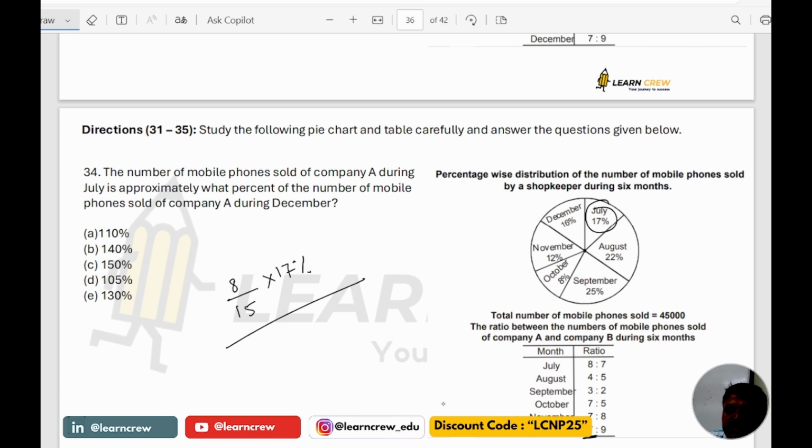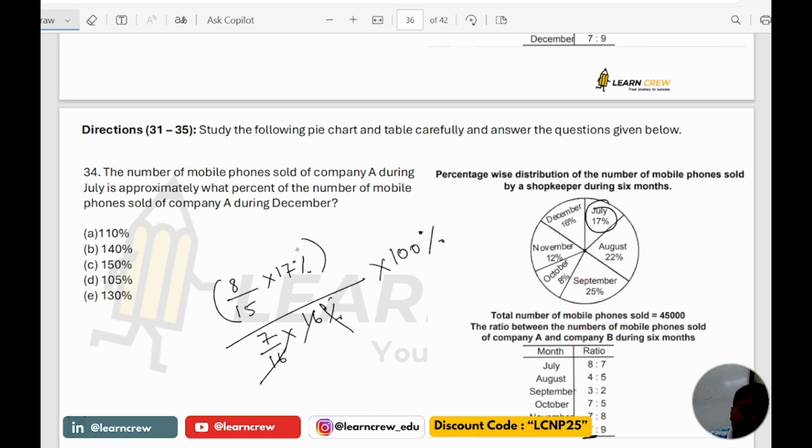So during July it is 8 by 15 of 17 percentage. During December it is 7 by 16, 7 by 16 of total, December is 16 percentage. This is what percentage of this is the question. 8 by 15 out of 17 percentage is what percentage of 7 by 16 out of 16? If you see here, 16 gets cancelled.